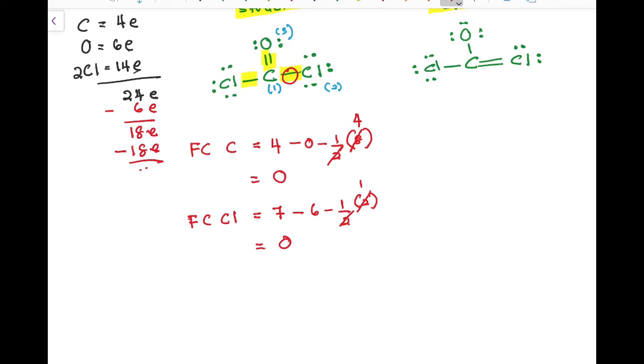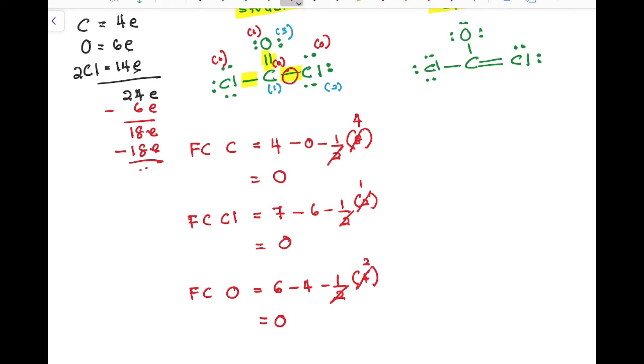Okay, so for oxygen, formal charge for oxygen, the valence electron is 6, minus, is there any lone pair around oxygen? 4 minus half, how many bonding pair? 4, right? So it is equal to 0. Now let's put the value to the atom. 0, 0, 0, 0.